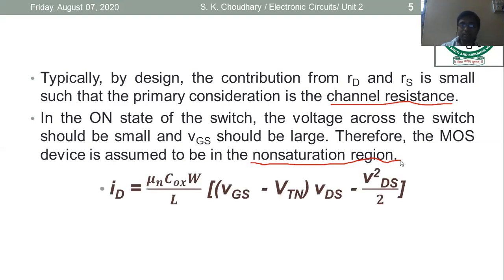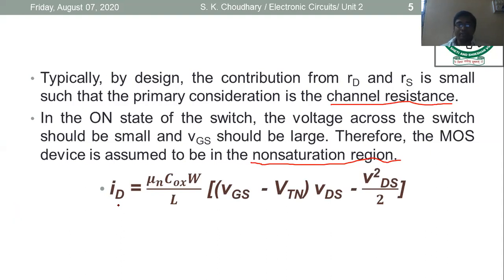And we know the current value in the non-saturation region. If you don't remember, please note it down; we already discussed it in the first chapter. ID is equal to mu n COX W by L into (VGS minus VTN) into VDS minus VDS square upon 2.